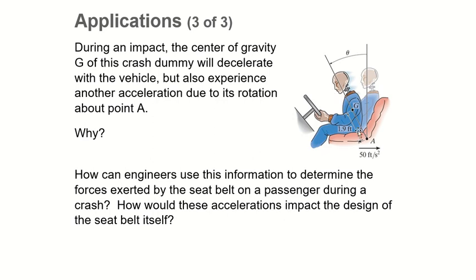All right, so we have to think about why you're moving like that when you collide with something or stop abruptly. So how can an engineer use this information to determine the forces exerted by the seat belt on a passenger? The seat belt has to hold you back in order to compensate for that force from your motion. These are the things that you calculate when you build the car.